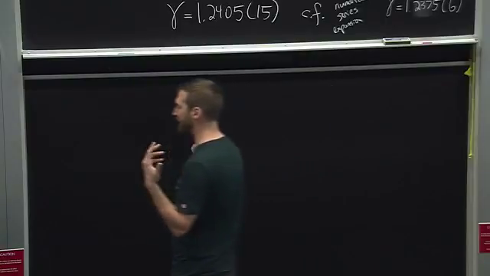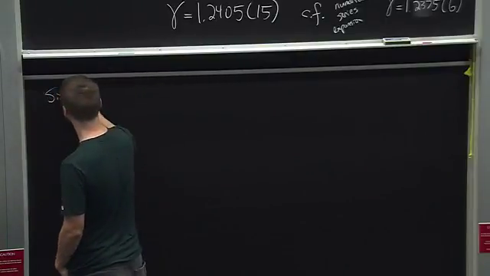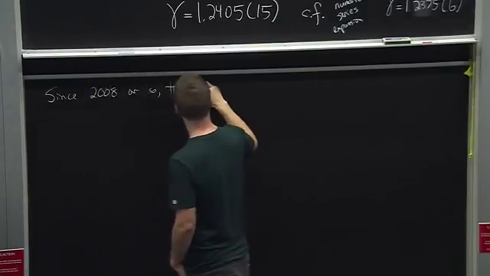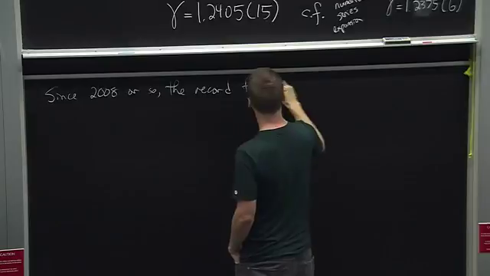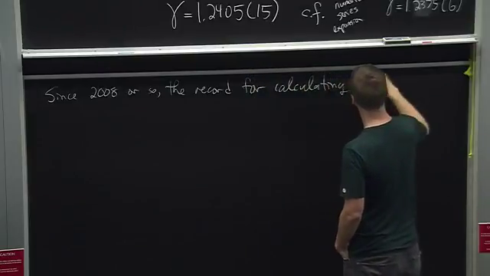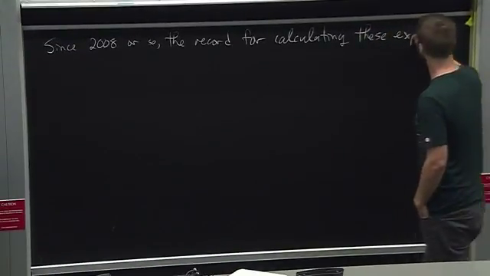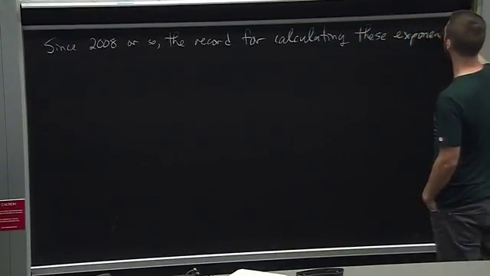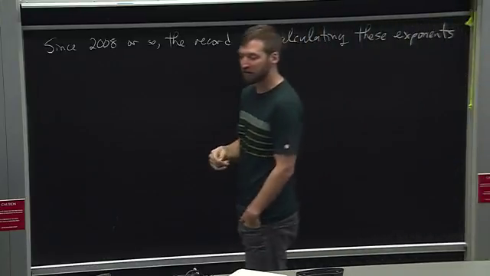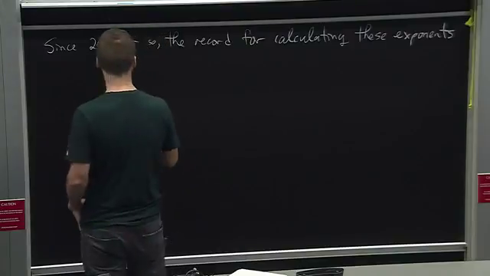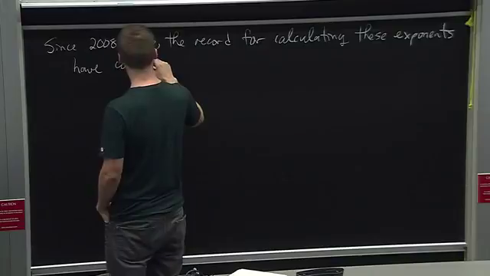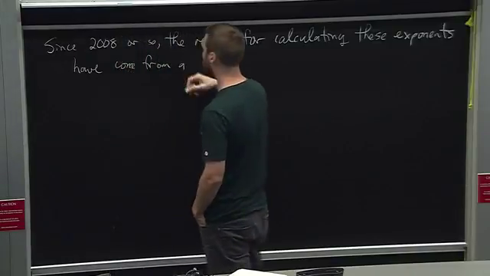But since, I don't know, probably since 2008 or so, the record for calculating these, especially in the 3D Ising model, the 3D O(N) models, like stuff you guys have been working on, has come from a non-perturbative approach.